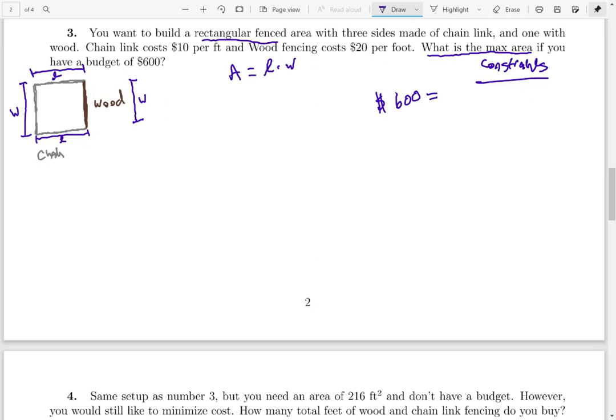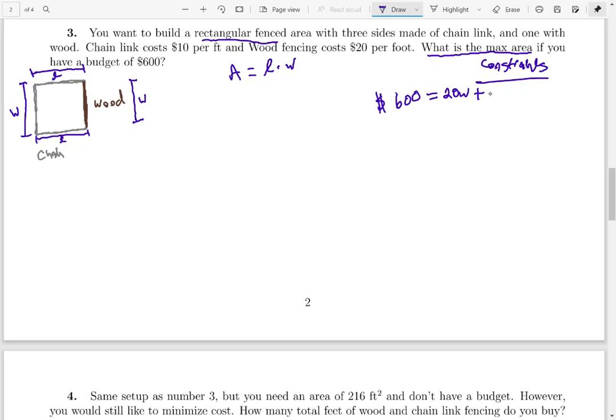If I think about this, I know that the wood fence is just one width of W, times the cost per wood, which is $20 per foot. So width times 20, 20W, gives me my constraint on the wood. But then I've got to add in the chain link.